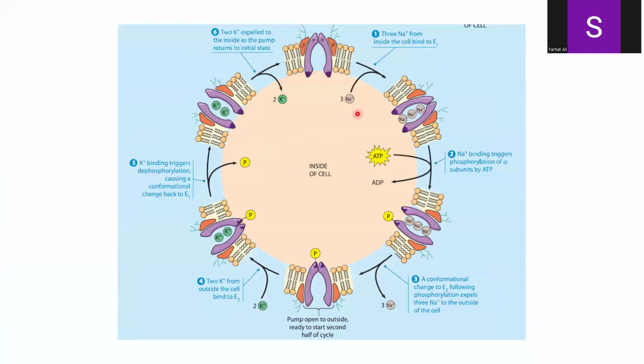So three sodium ions go out of the cell, two potassium ions come into the cell, and the process is powered by ATP hydrolysis. ATP hydrolysis results in phosphorylation of the pump, as a result of which it will open on the outside, push the sodium out, take the potassium, and then transport it into the cell. So that's how the sodium potassium ATPase works.